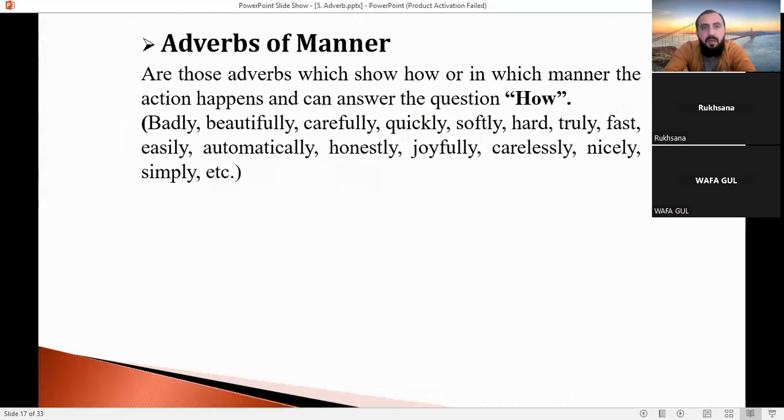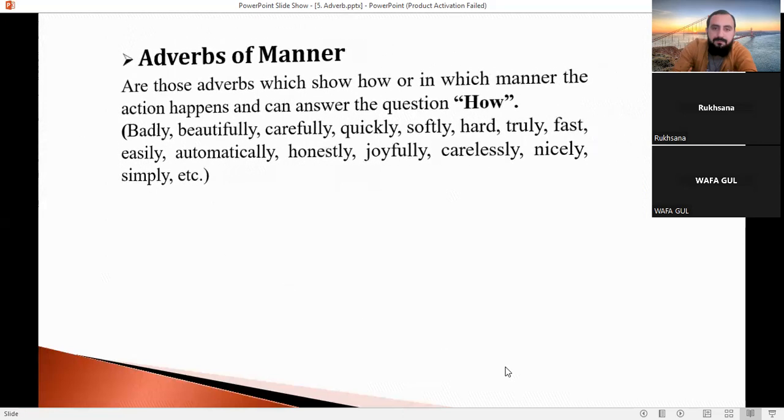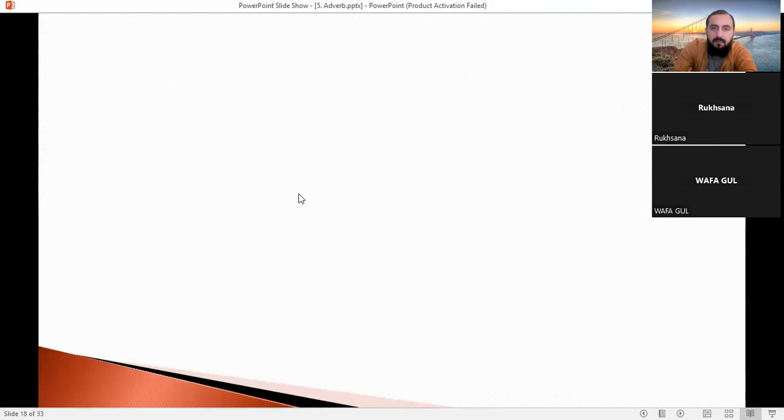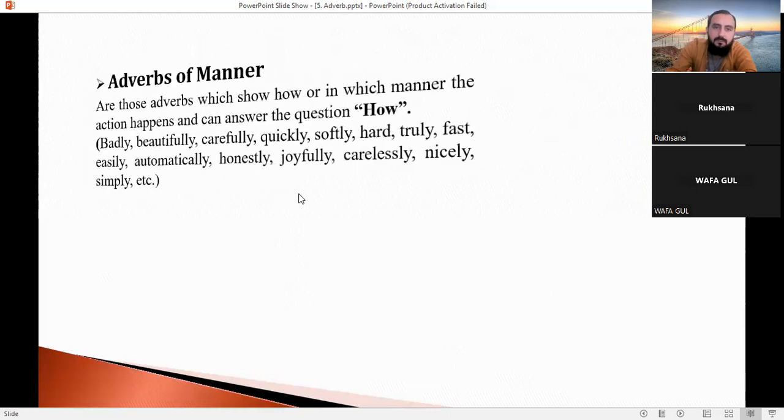Okay, adverbs of manner now. Ms. Wafa, you please read them. Adverbs of manner are those adverbs which show how or in which manner the action happens and can answer the question how.